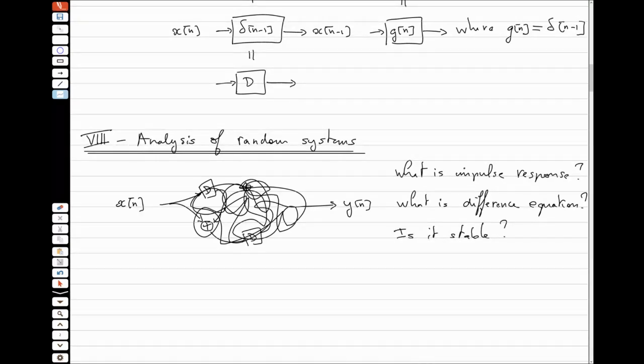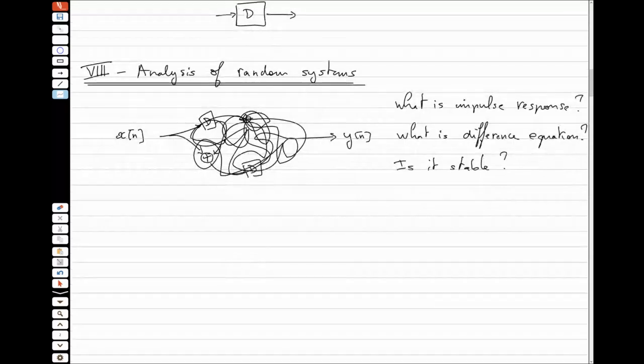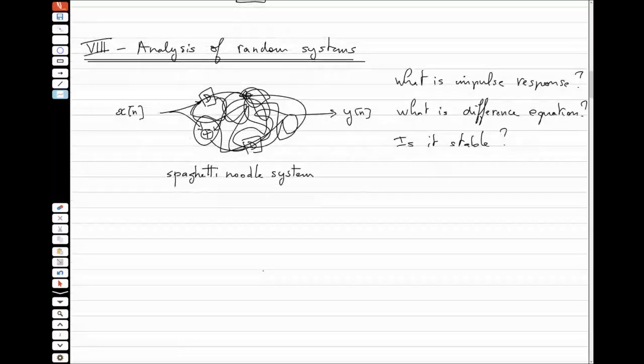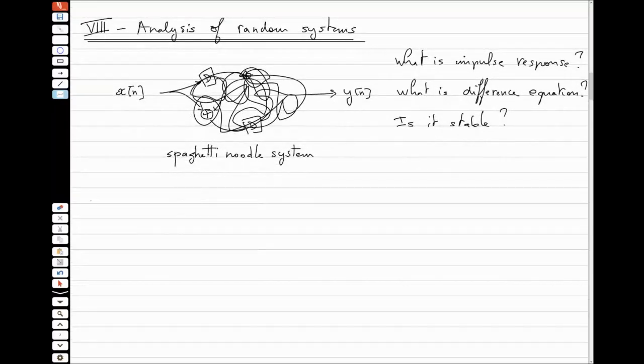These are the questions that we need to answer. All right, so I'm going to give you an example, because obviously I'm not going to be able to deal with this system. So let's work with something more explicit.